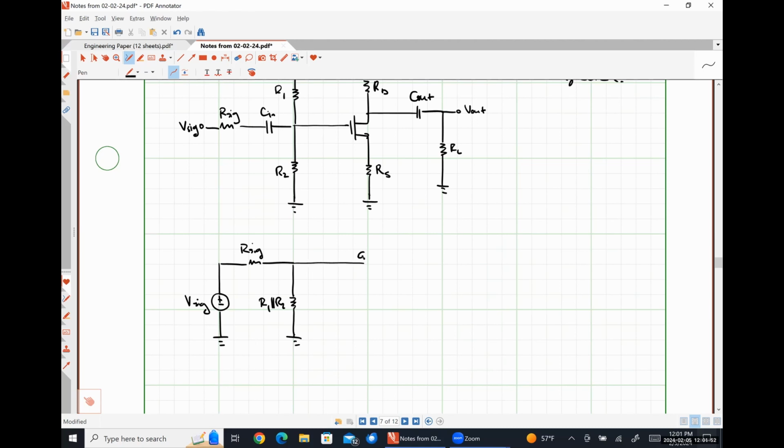Here's my gate terminal. This is an NMOS, so that should be VGS, sorry.